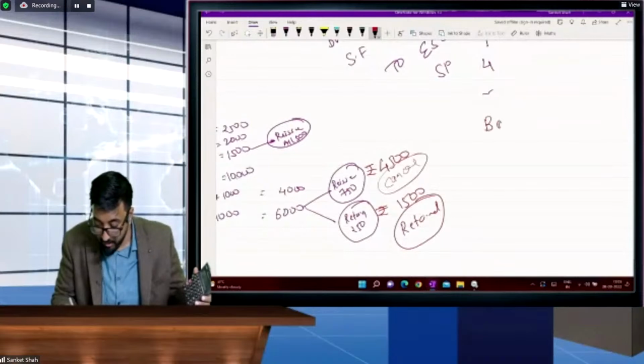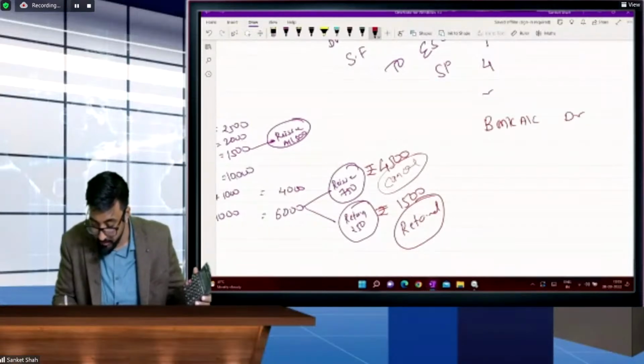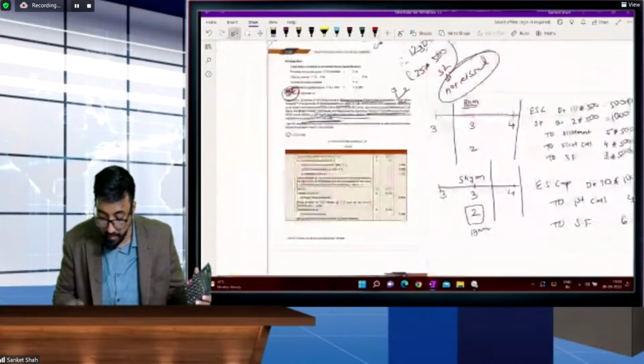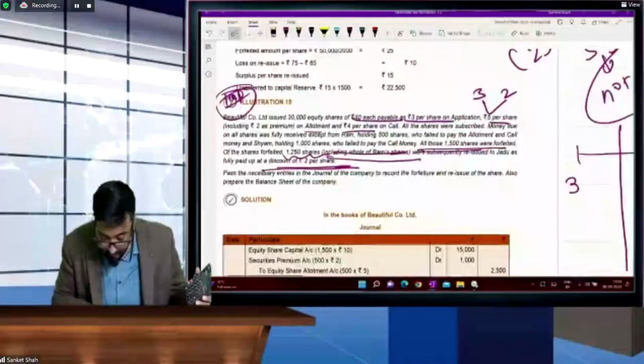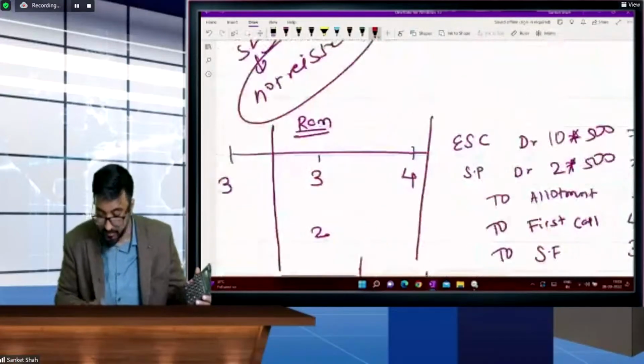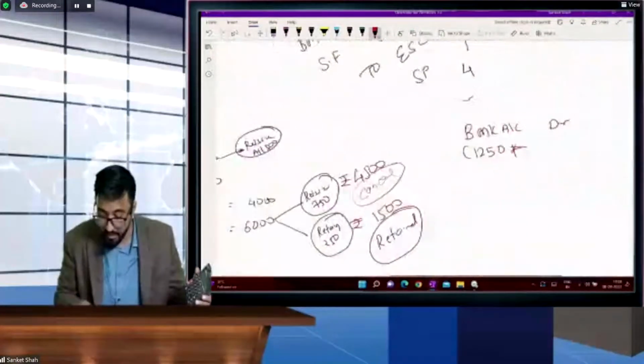So bank account debit, now this is very important. 1,250 reissued at rupees 8, discount of 2 means 8 rupees.